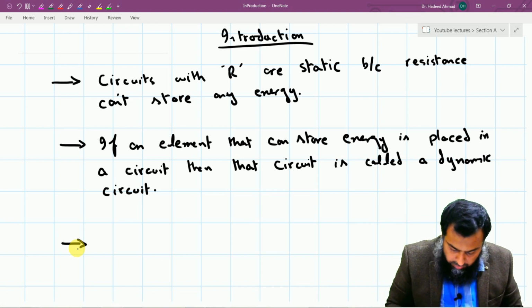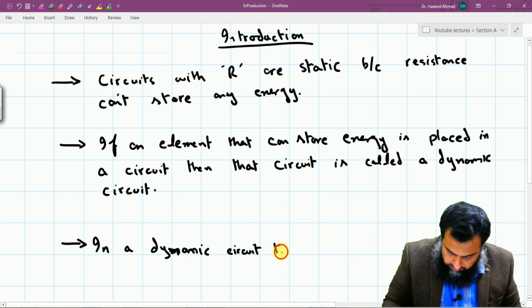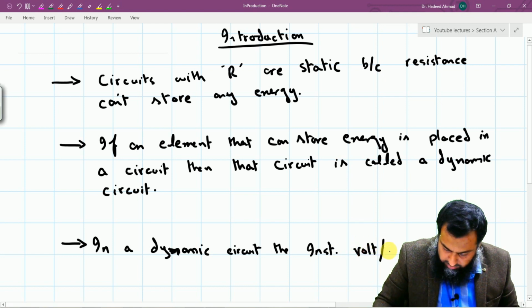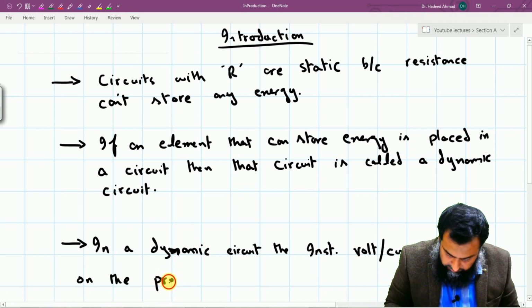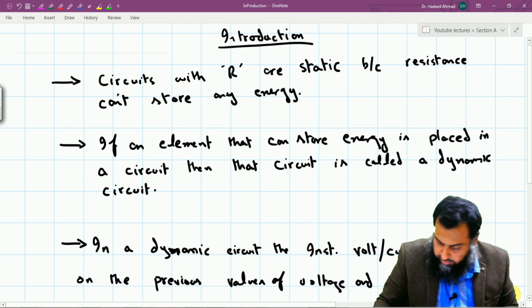So in a dynamic circuit, the instantaneous voltages and currents depend on the previous values of voltage and current, right?